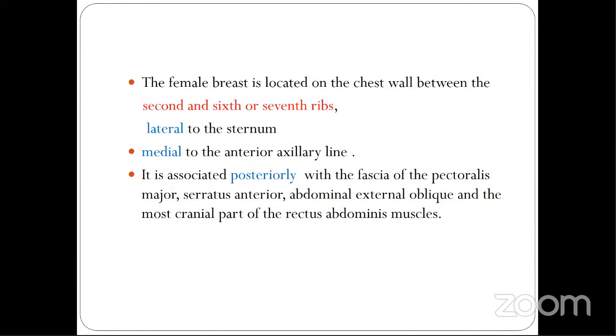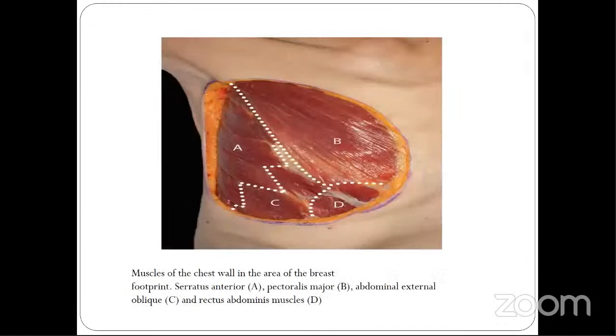As we said, the female breast is located on the anterior chest wall between the second and 6th or 7th ribs.